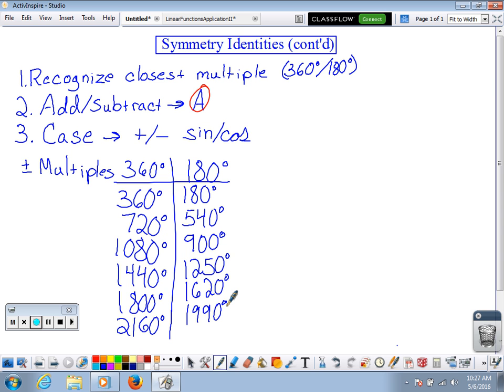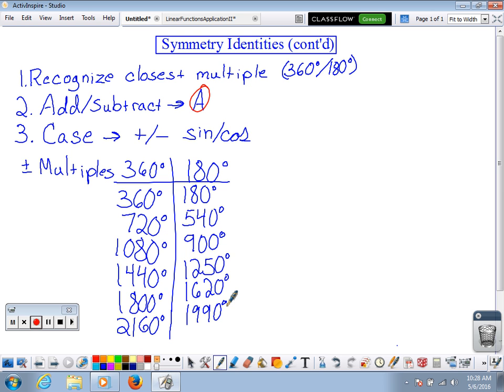So, the first thing that we want to do: we're given some angle, whatever measure it may be, and we want to figure out the closest multiple, whether it's closer to a multiple of 360 degrees or 180 degrees, whichever one it's closer to. Then we want to consider, are we adding to get to that angle, or are we subtracting from that multiple to get to that given angle?